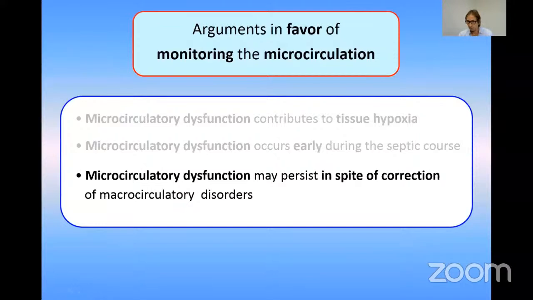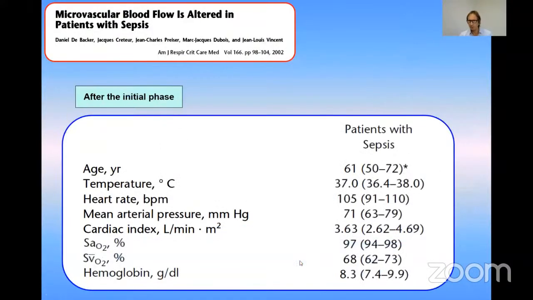Another argument is that microcirculatory dysfunction may persist in spite of correction of macrocirculatory disorders. And this is illustrated by the study by Daniel De Backer again. After the initial phase of resuscitation, they could correct systemic blood flow variables like mean arterial pressure, like cardiac index, or like SvO2, which is now 68%.